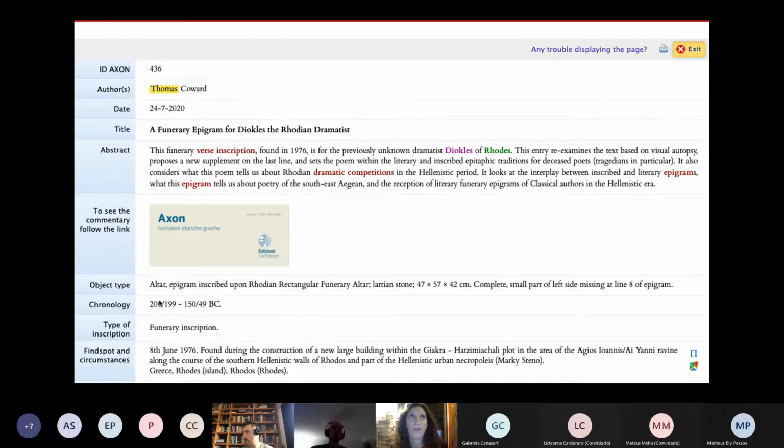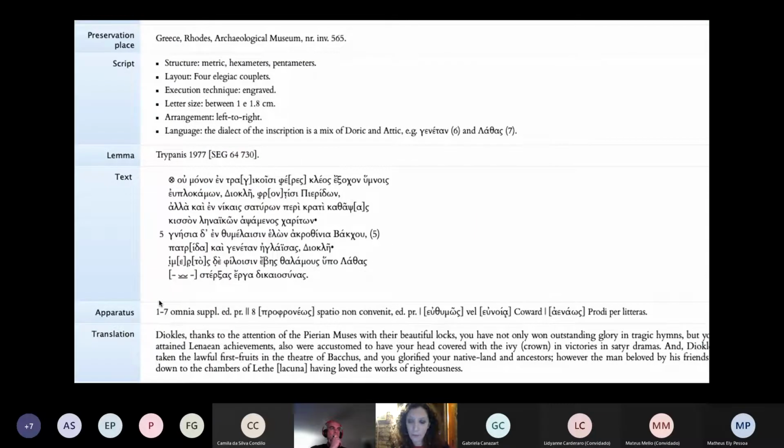All this information is basically the identity card of an inscription. And this is an example in English. There are other examples, of course, in Italian, but it's possible to add other inscriptions in every modern language, basically. So this is the normal epigraphical record.